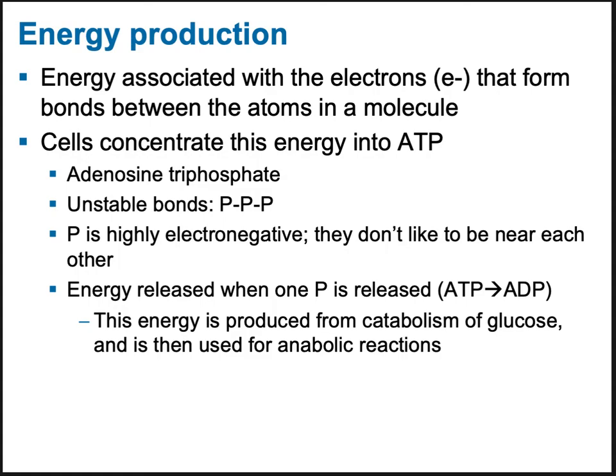So energy production: energy is associated with the electrons that form bonds between the atoms in a molecule. Cells concentrate this chemical energy in bonds. It concentrates this in phosphate bonds, right? ATP stands for adenosine triphosphate. Those phosphates are highly electronegative. They have a lot of electrons, and they do not like to be next to another highly electronegative atom, such as itself or oxygen, right?